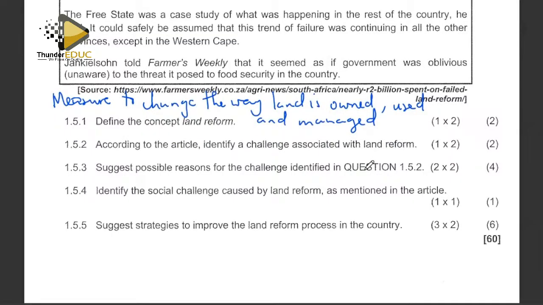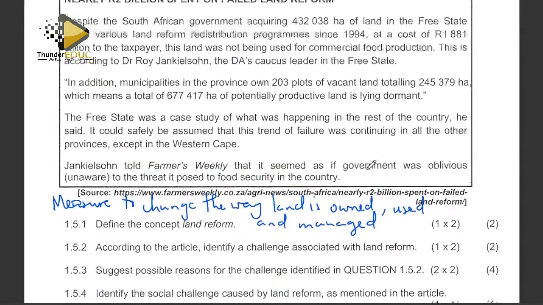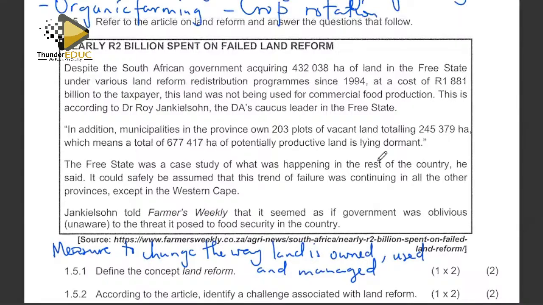According to the article, identify a challenge associated with land reform. Right, we go to the extract. The challenge is here. It says in Free State under various land reform distribution programs since 1994, at a cost of 1,881 billion to the taxpayers, this land was not being used for commercial food production.